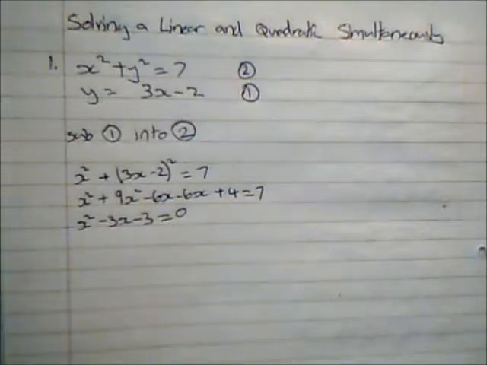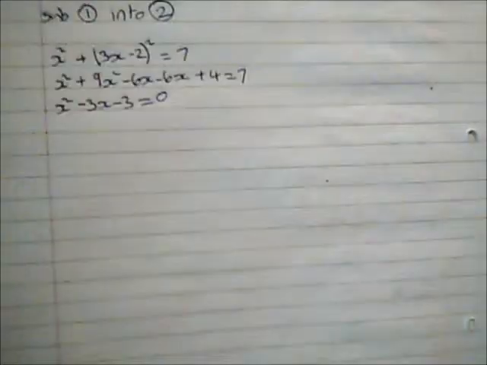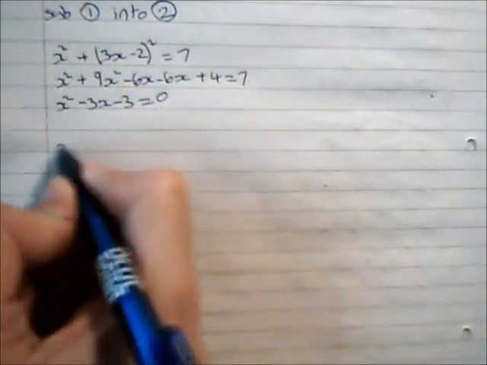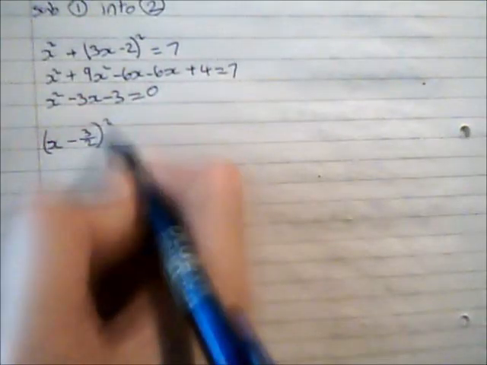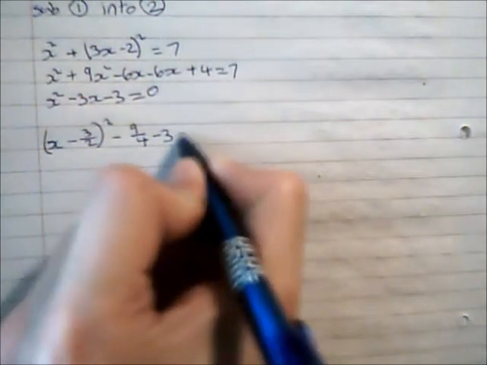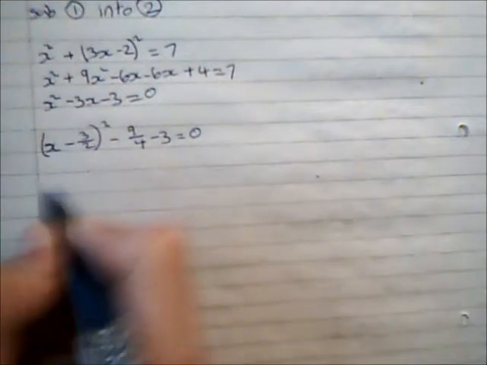And now ideally it would factorise, but in this case it won't, so I'm going to have to solve it using an alternative method, and I'm going to do this by the method of completing the square. And if you cannot remember how to complete the square, there is a video on this that you can locate.